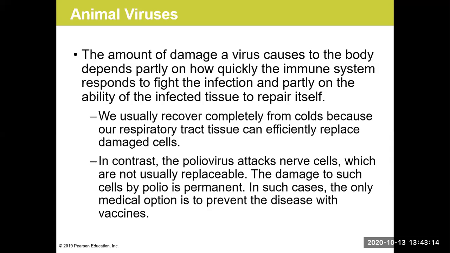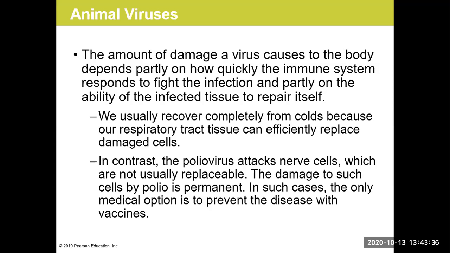How much damage a virus can cause depends on the patient's immune system, how quickly the immune system responded, and how efficient the repair mechanism in the tissue is. We usually completely recover from cold and cough because our respiratory tract is very efficient when it comes to repairing.